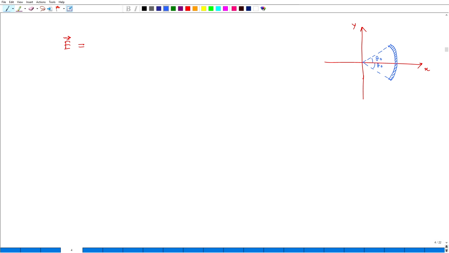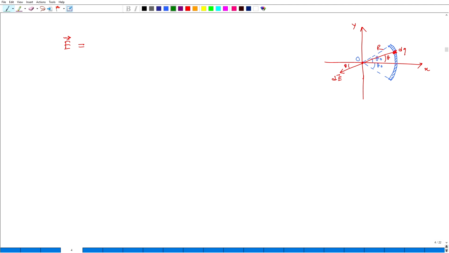Now we calculate the electric field at this point O, and again we consider a small strip. Due to this strip we calculate the electric field, and the direction is along d vector, with charge dq. This makes an angle theta and the radius of the arc is r.